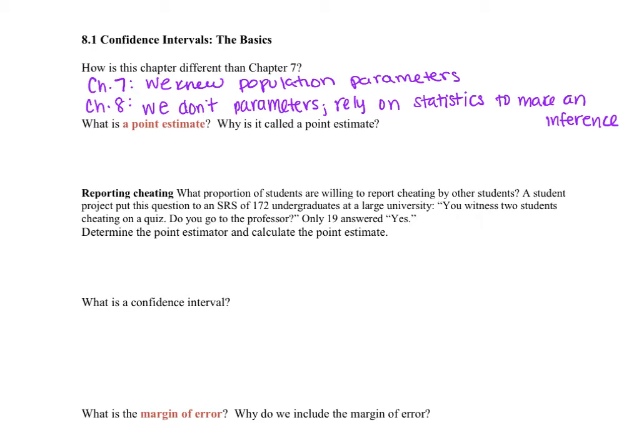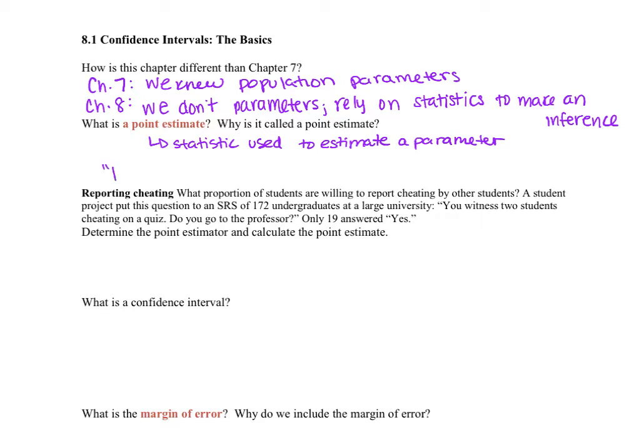A point estimate is a statistic used to estimate a parameter. And it is called that because it is a point value inside an interval that's used to estimate a parameter.